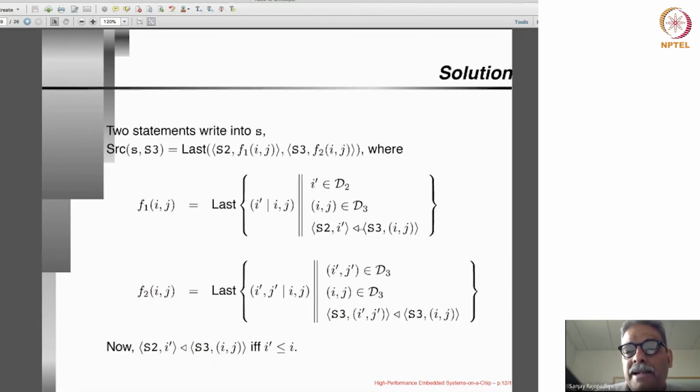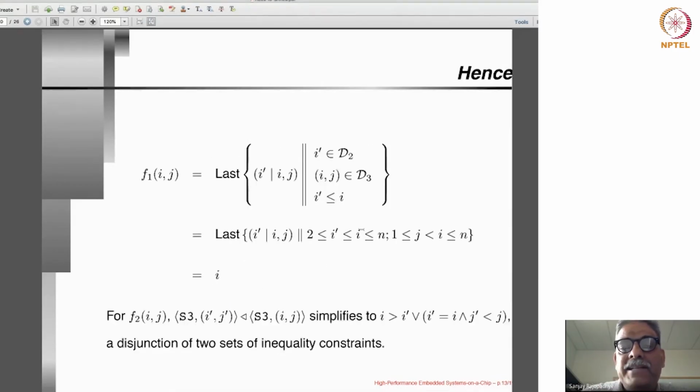That triangle now simply becomes I prime less than or equal to I, right? So we have the constraint that I prime belongs to D2, ij belongs to D3, and I prime is less than or equal to I. If you simplify those a little bit, you are looking at all the instances, the last instances, of all the points I prime such that you have all these linear inequalities satisfied.